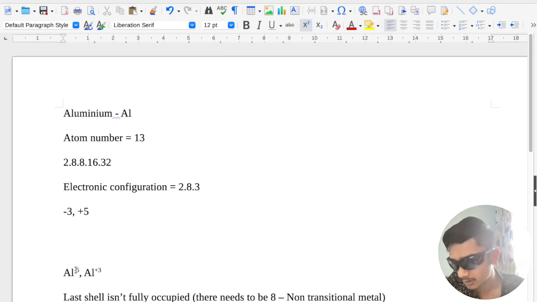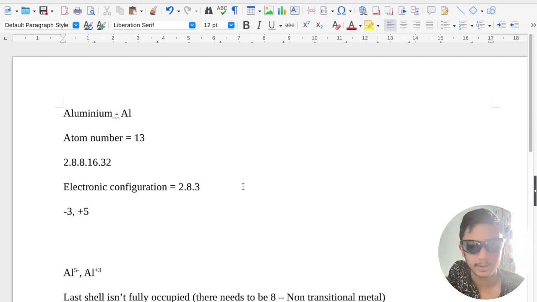Now, people usually don't write minus 5 like that, they write 5 minus. It's weird, but they just write it like that. So, 5 minus ion. That's the ion theory. That's how you judge if it's an ion.